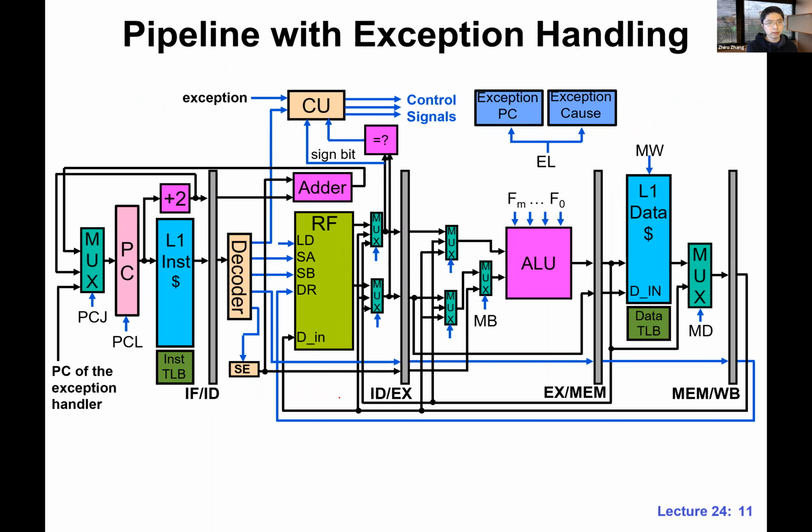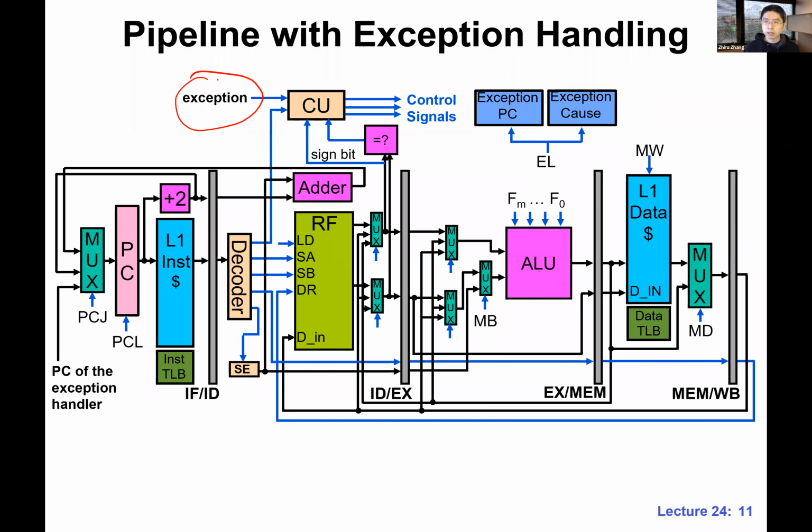So let's take a closer look at our pipeline. Now we need to handle these so-called exceptions, so we actually need to extend our pipeline a bit. First, we want to feed a signal to the CU. This is a strobe, exception. It indicates that some exception is being triggered.